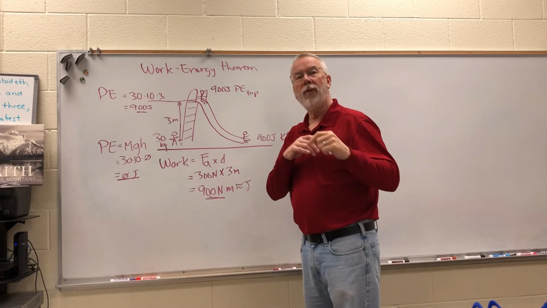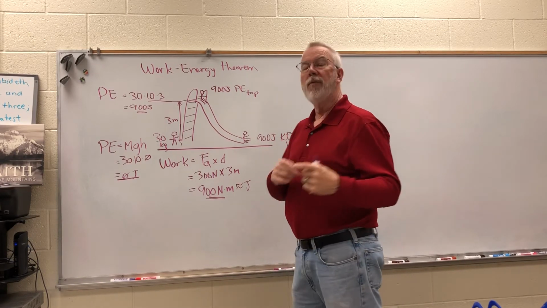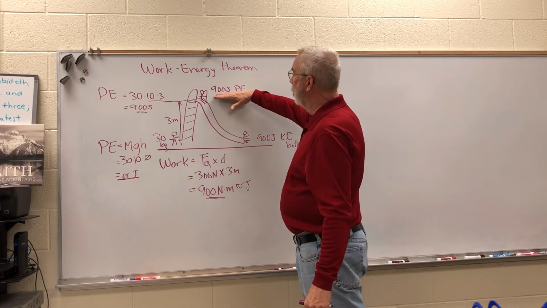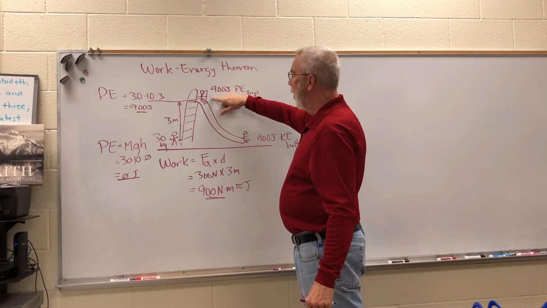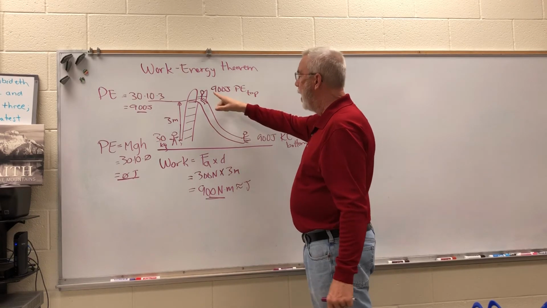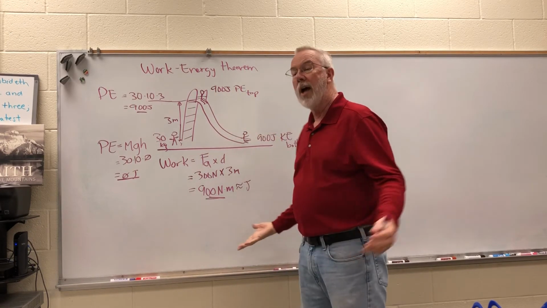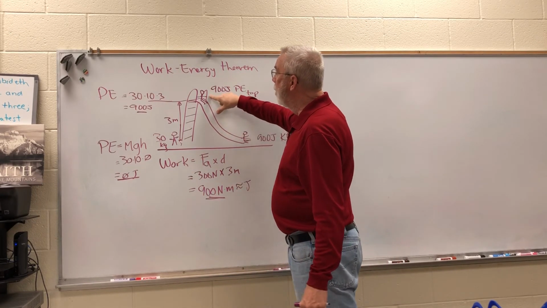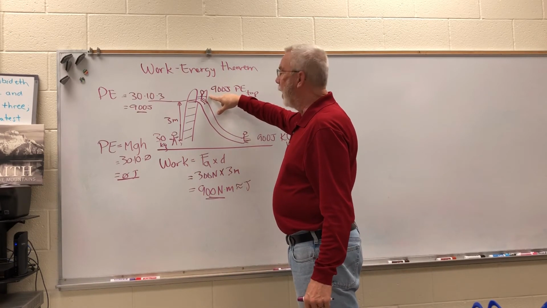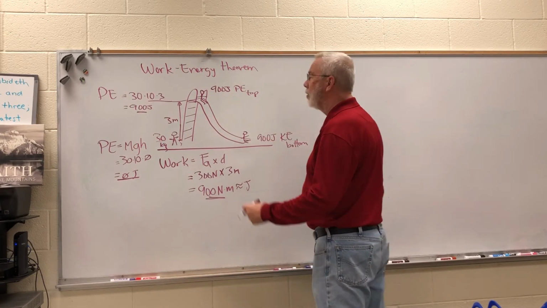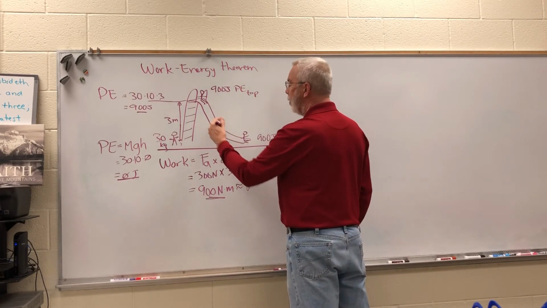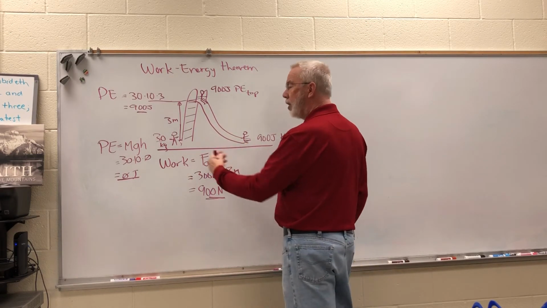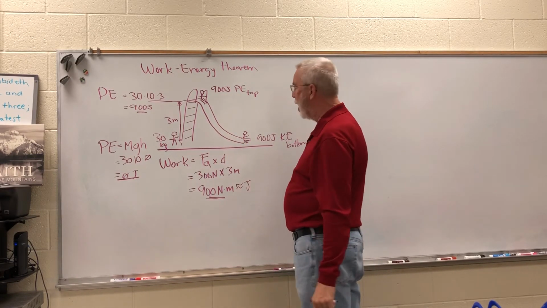And where that comes in is the law of conservation of energy, in that the 900 joules here is going to be converted into kinetic energy as the boy slides down the slide. And that's the whole reason why we slide the slide, is that we have no motion at the top, but what we're counting on is that we're going to go sliding down the slide, and we will be at our maximum speed when we get to the bottom, which is the fun part of sliding on the slide.